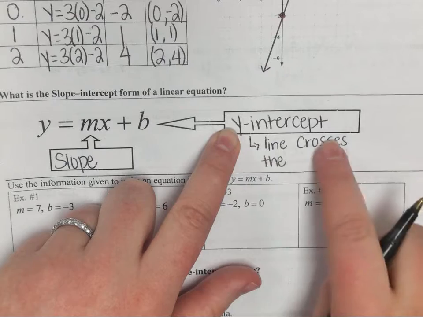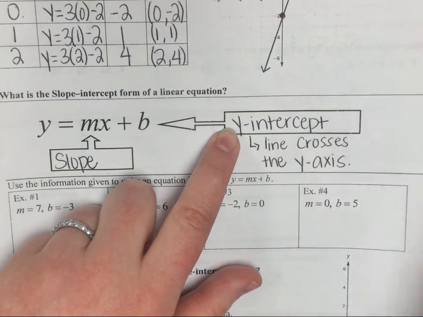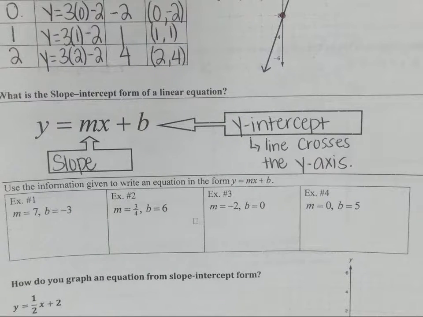Very good. So the line crosses the y-axis. Okay, so the y-intercept is where our line's going to cross the y-axis. And that's going to come in handy here in a little bit when we try graphing that way.